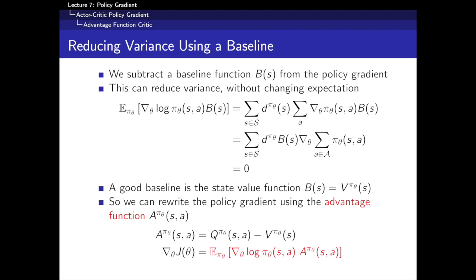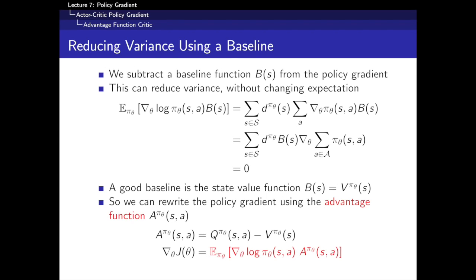The particular baseline which we're going to choose is the state value function. Okay? So we're going to start off with our q values, our action value function, and subtract off the state value function. What we're left with is something called the advantage function.